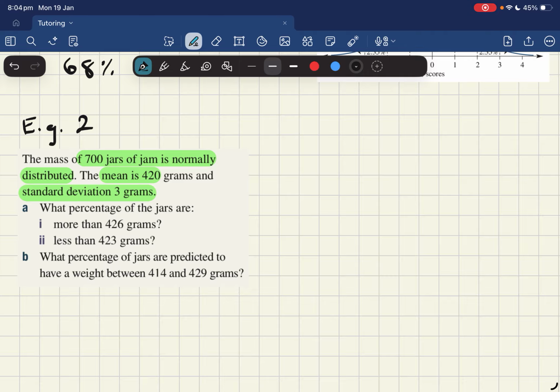Before we can answer this, we want to find the Z-score of this 426 grams. So for part A, we find our Z-score: 426 minus the mean, 420, over 3. That gives us a Z-score of 2.